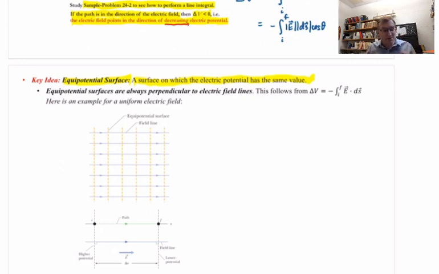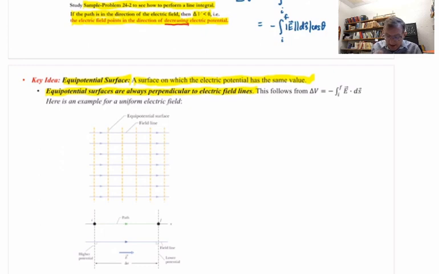On the two-dimensional surface of that black conducting paper, you could only draw equipotential lines. In all of three-dimensional space, you have equipotential surfaces. And so an equipotential surface is a surface in space in which the electric potential has the same value in volts at every point. And here's something we're going to show with that little line integral formula I just introduced, and which you used in lab. Equipotential surfaces are always perpendicular to electric field lines.